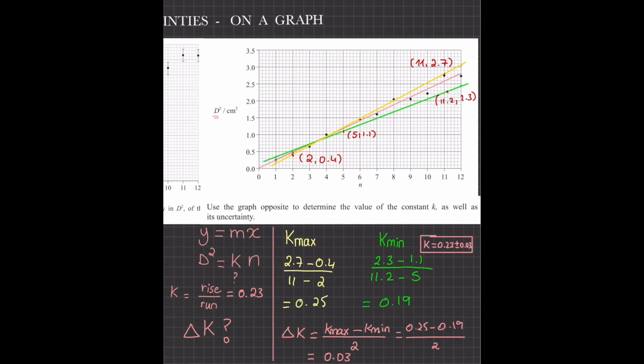And the following question, they said, what is the unit of k? So k here is equal to D2 divided by n. N has no unit, as you can see over here, so it's unitless. And D2 has a unit of centimeter squared, so k will also have the same unit as D2, which is centimeter squared.